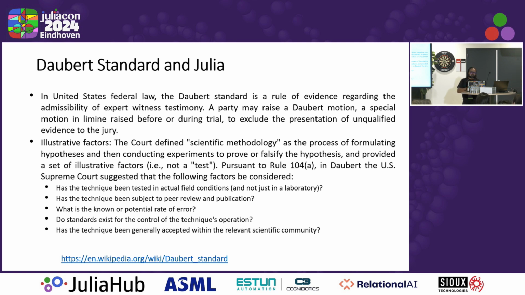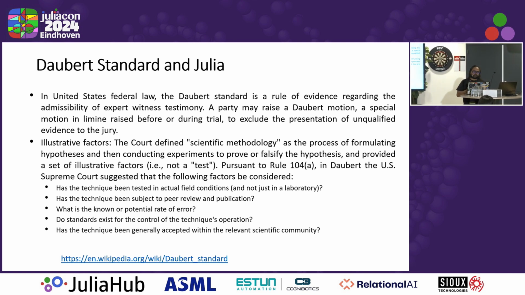Now, there are 5 illustrative factors. These are general illustrative factors, but they can be mapped to programming languages as well. The first factor: has the technique been tested in actual field conditions and not just in the laboratory? The second: has the technique been subject to peer review and publication?